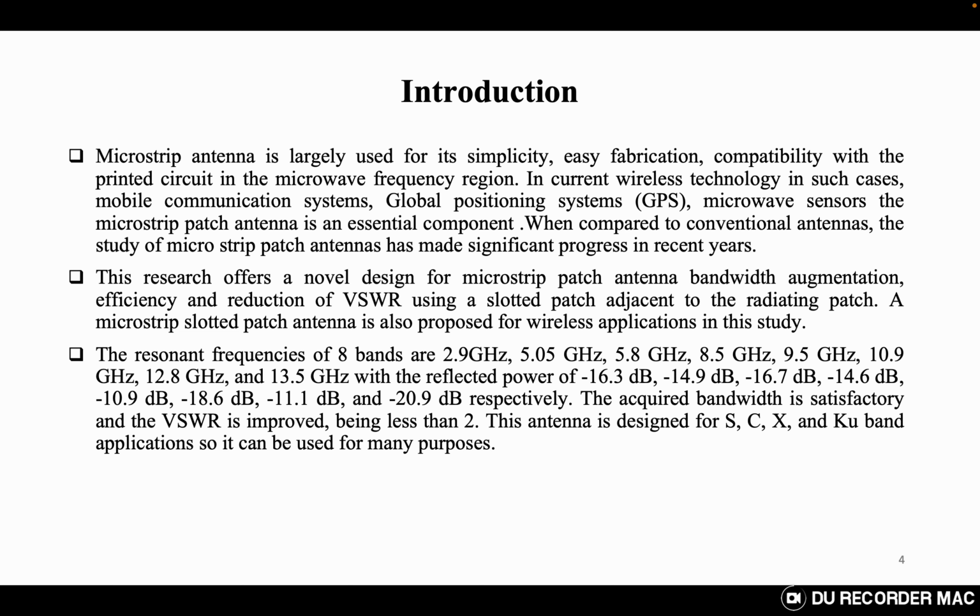The achieved bandwidth is satisfactory and the VSWR is improved, being less than 2. This antenna is designed for X and Ku band applications, so it can be used for many purposes.